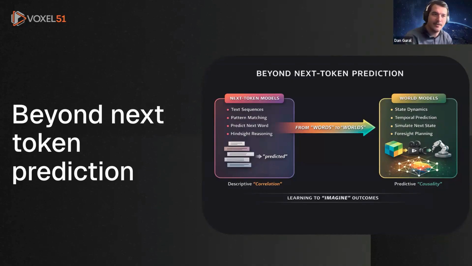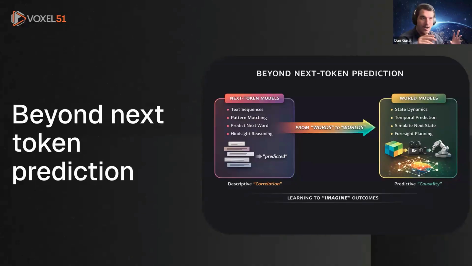And the reason is we can't keep on just predicting one token at a time when there's a whole state of an environment around you, right? We need to be continuously monitoring the state, continuously updating it, continuously understanding the changes. That way we can have the foresight to plan what our next move might be.